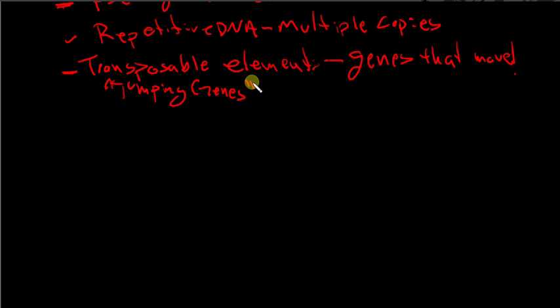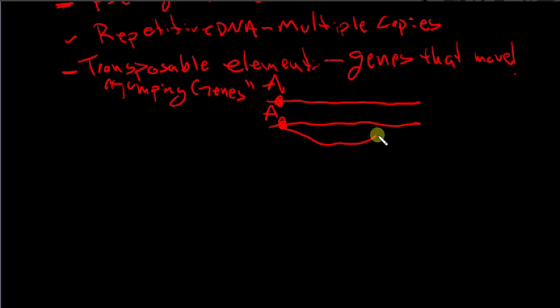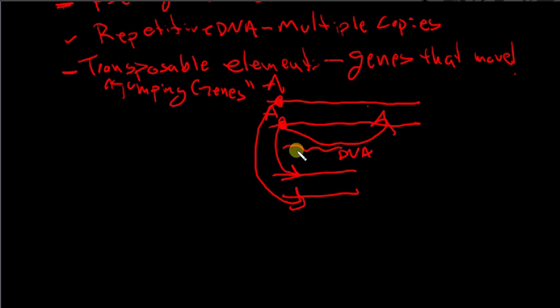If this is a chromosome and we've got a transposon here, it could jump over here, or it could even jump here. The way it jumps a lot of the time is it either physically causes crossing over to happen, or it gets transcribed into RNA and then reverse transcribed via reverse transcriptase back into another chromosome.